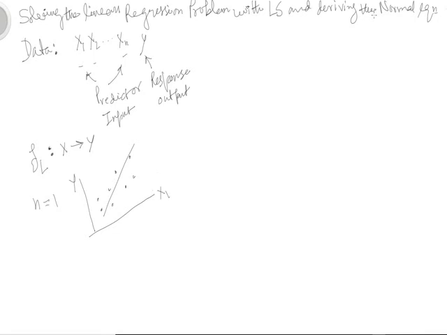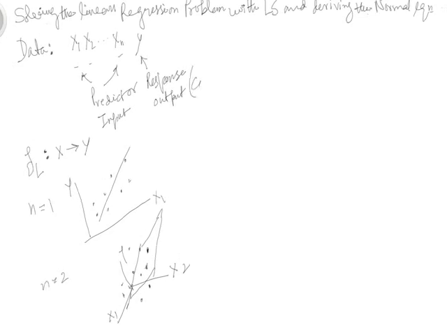And in two dimensions, if we have two input variables, we are going to fit a plane that gives us minimum error. Some of the points are probably going to be above the plane and some of the points are going to be below the plane.